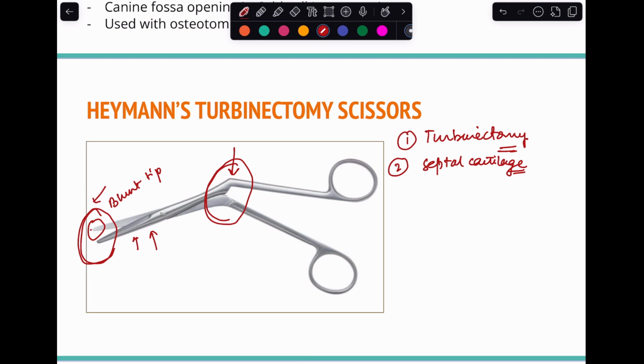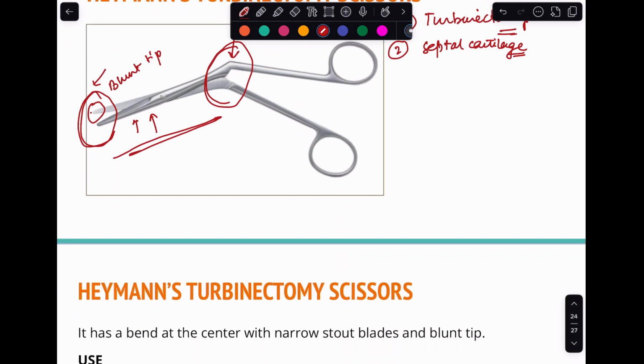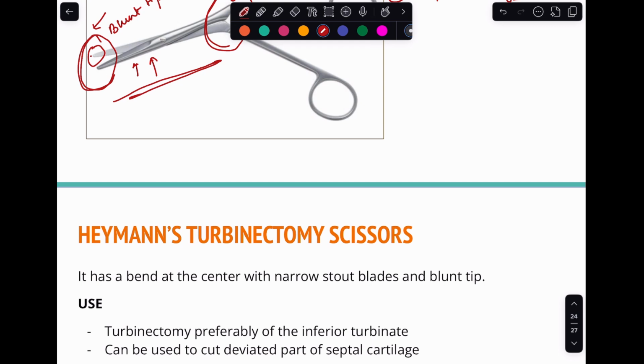And because we have a very long blade, we are also able to reach the posterior end of the turbinate with this. So these are the three different advantages of the Hayman's turbinectomy scissors. This finishes most of the instruments that we needed to know about in terms of septoplasty.